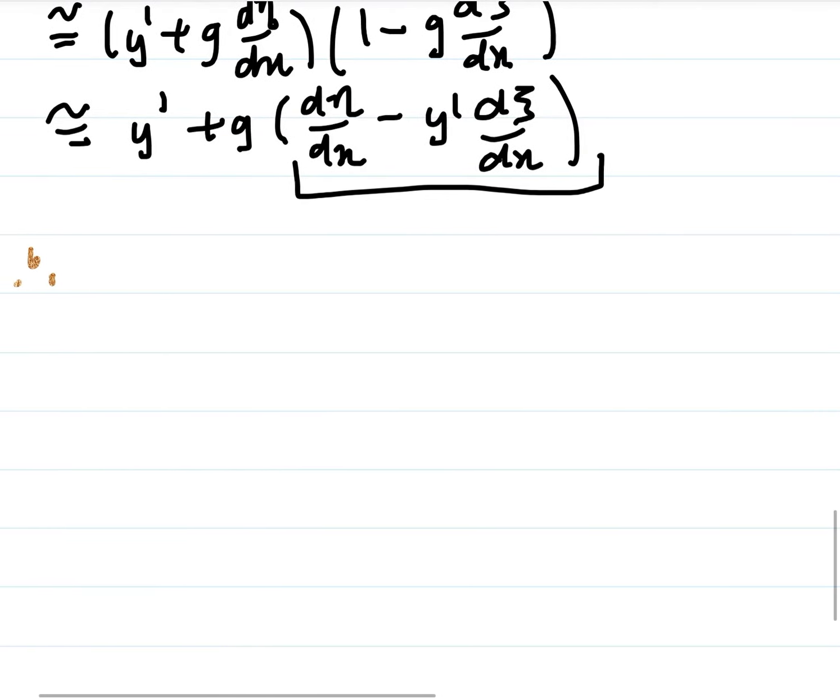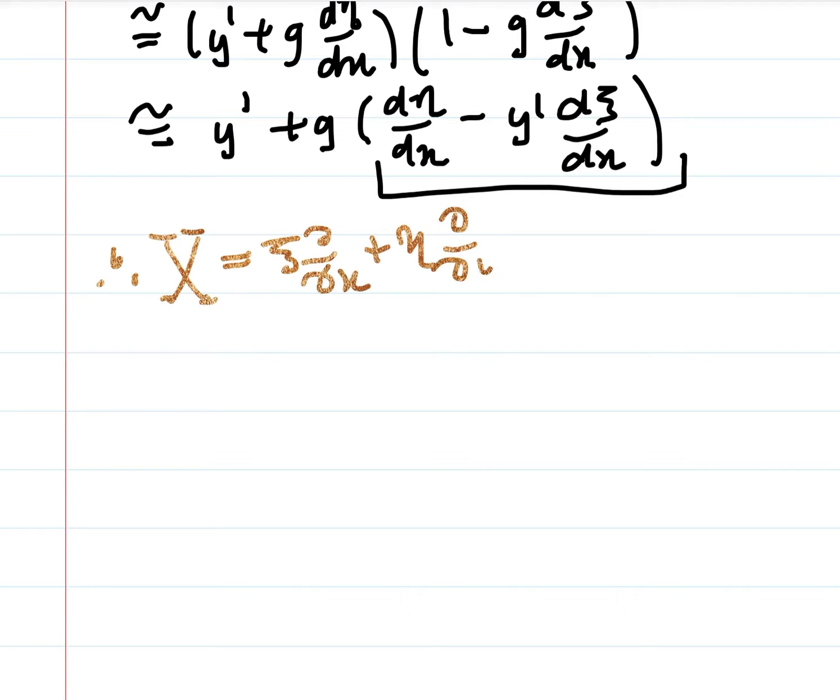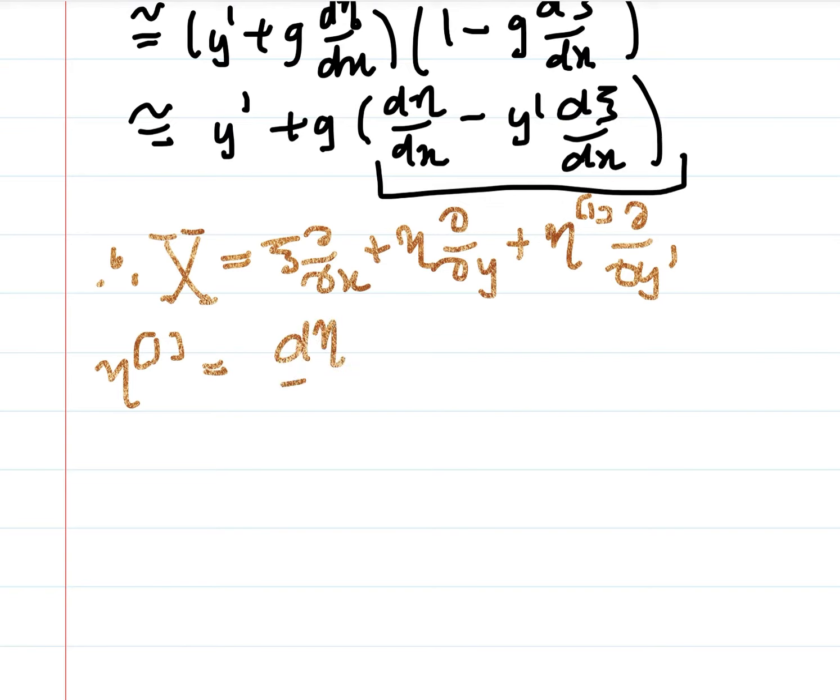So that therefore, the vector field X, now in its expanded form, is equal to xi d by dx plus eta d by dy plus what I'm going to call eta 1 d by dy dashed, where eta 1 is this term we've just constructed: the total derivative of eta with respect to x minus y dashed times the total derivative of xi with respect to x.